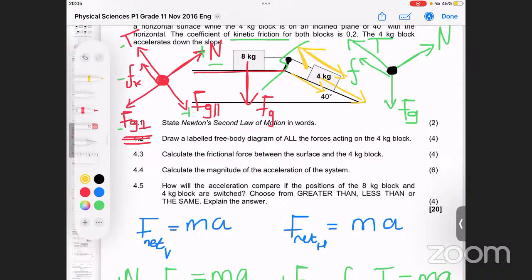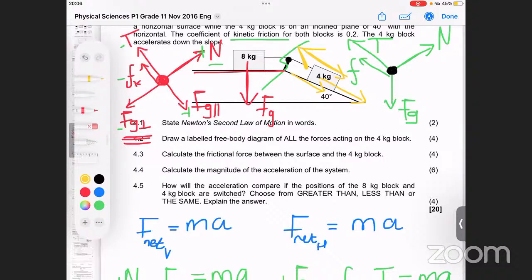Is it up the slope or down the slope? I believe it's down the slope. Then the friction will always oppose the direction of the movement of the object. So what will then be the direction of that frictional force? Up the slope. Yes, that's how you determine it.